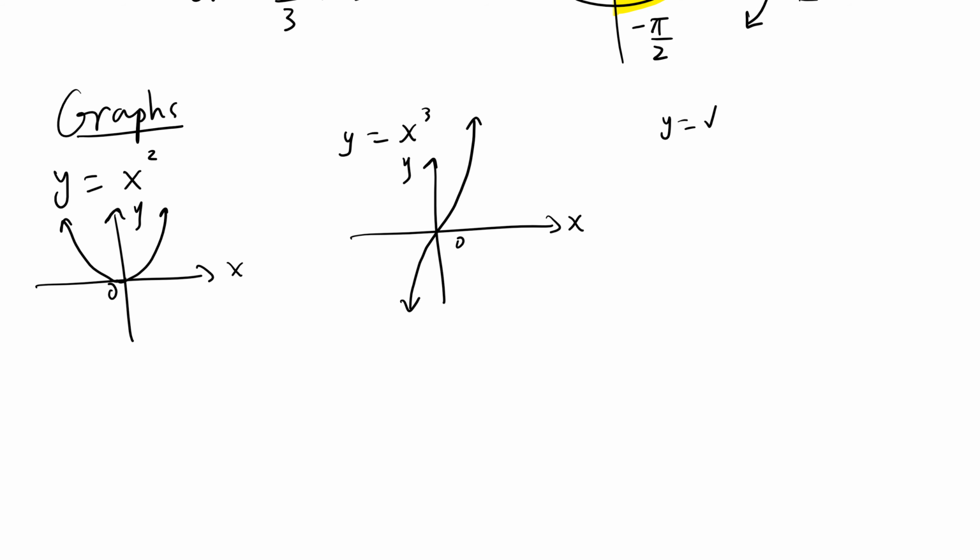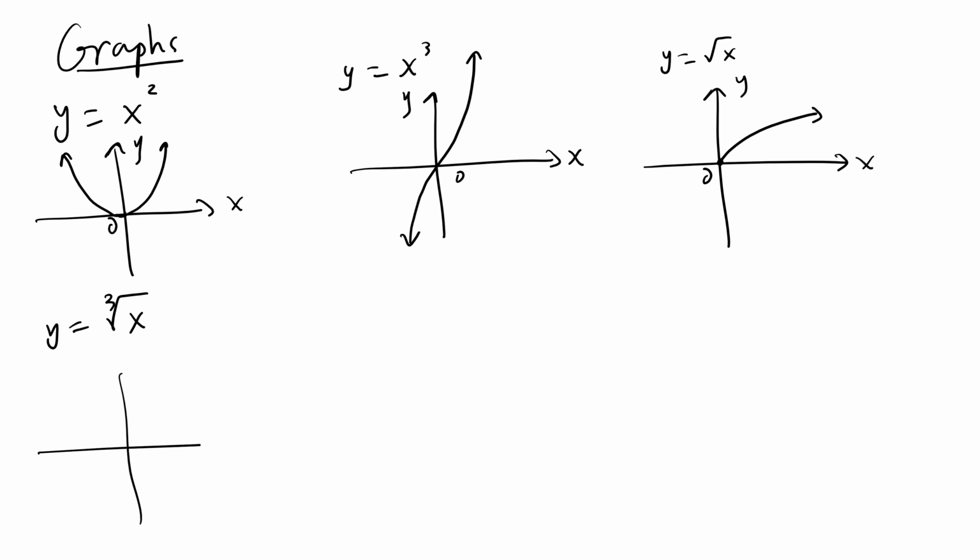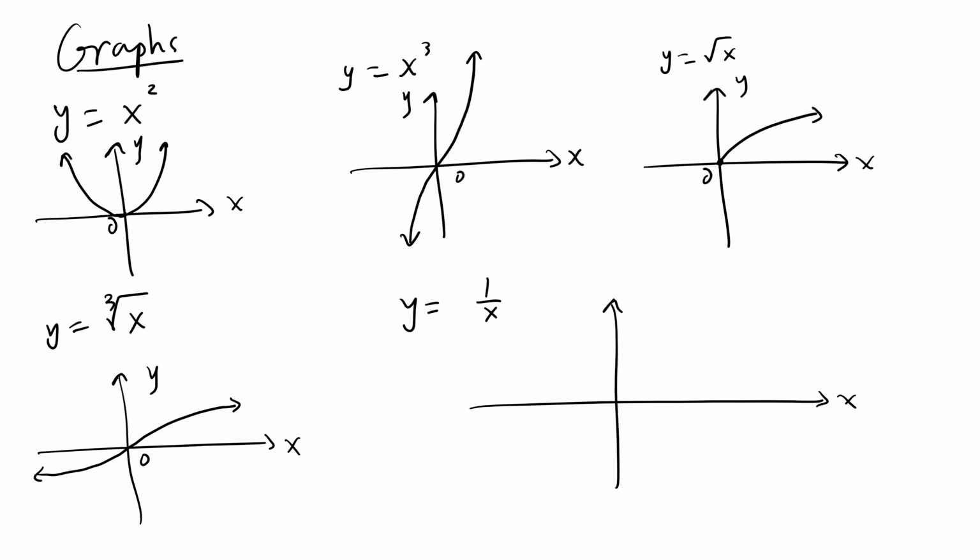Y equals square root of x. It goes up this way. Good to know their domain and range. How about the cube root of x? It goes down this way. Next one, y equals 1 over x. The graph goes this way.